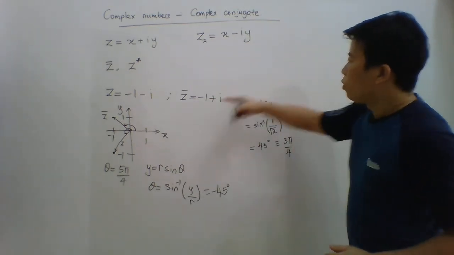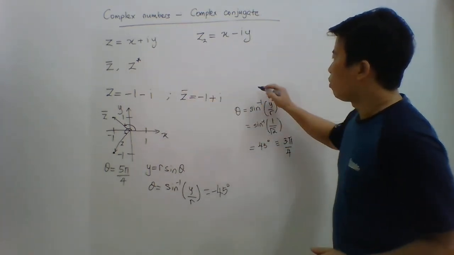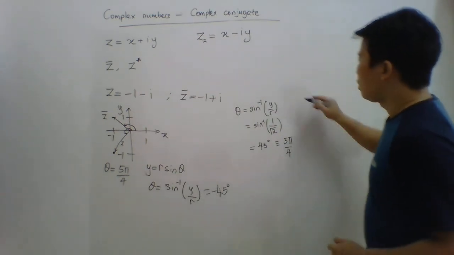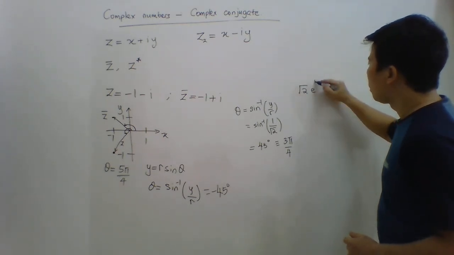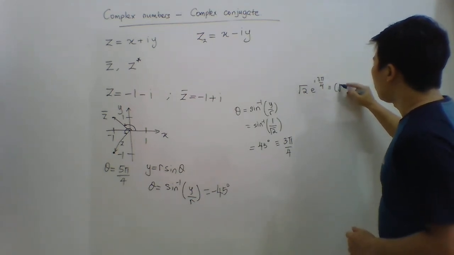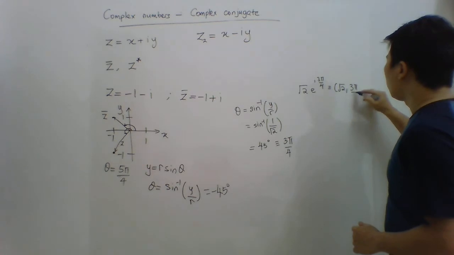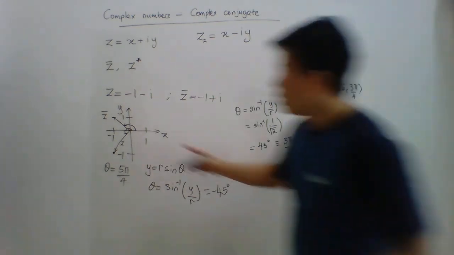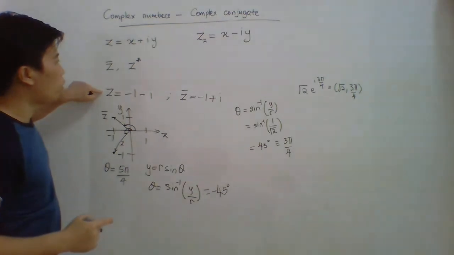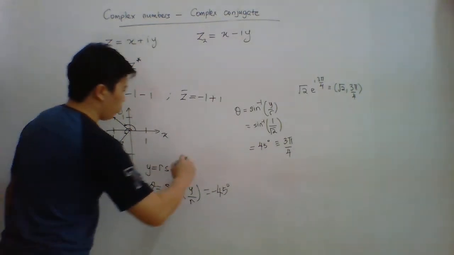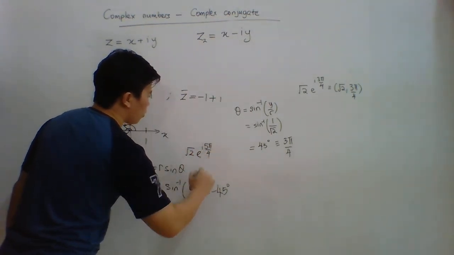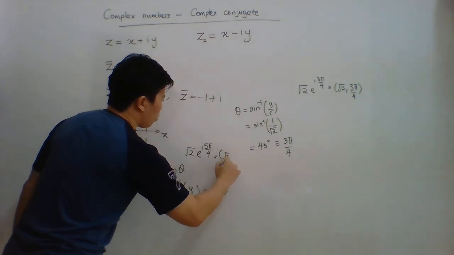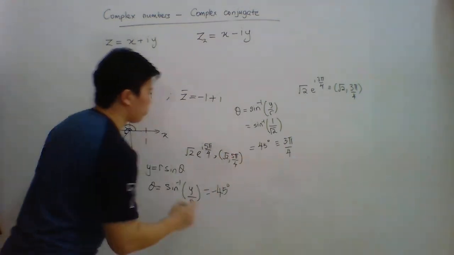Now if you write this in the form of r e to the i theta, this is going to be square root of 2 e to the i 3 pi over 4, or the same as writing square root of 2 angle 3 pi over 4, whilst the z equals minus 1 minus i is of the form square root of 2 e to the i 5 pi over 4, or square root of 2 angle 5 pi over 4 here.